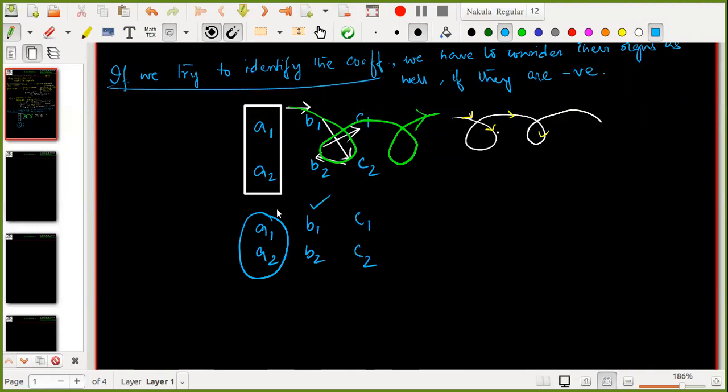But then what is the catch? When we are trying to solve for x, we are starting from b1, b2, moving in this direction, rolling back, again moving forward. So if we try to move forward from b1, b2, then who is going to come after c1, c2?